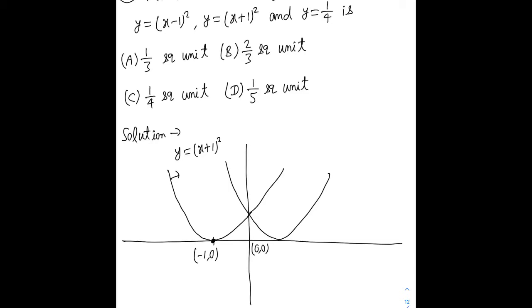Similarly, if you do it for this curve, y equal to x minus 1 whole square, both curves are similar to y equal to x square. The only difference is that the vertex will be different for both curves. So to find the vertex, just equate it to 0. So we'll get x equal to 1 and y equal to 0.